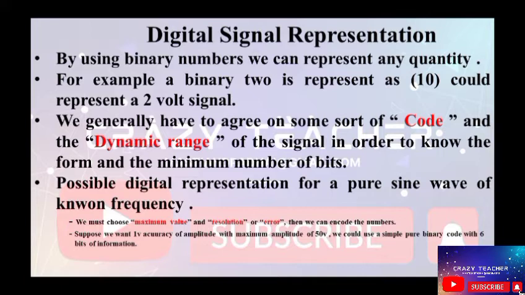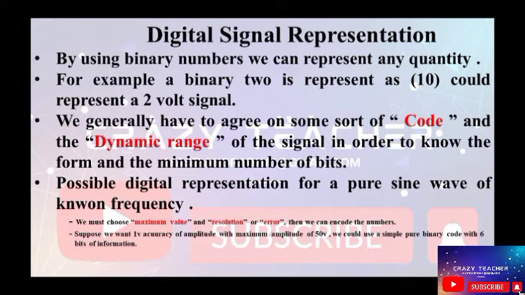If we think about 1 volt accuracy, these 50 different values have to be represented, and in a binary number system we will see that it will require 6 bits to store that information. If you are given fewer bits, you will not be able to represent these 50 different levels, so you have to suffer on the accuracy side.